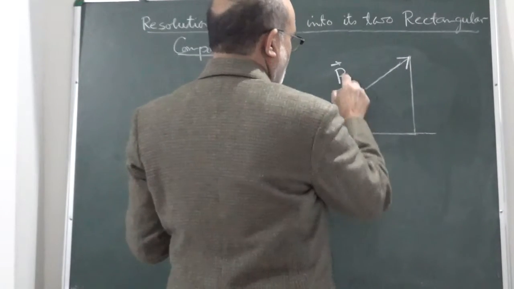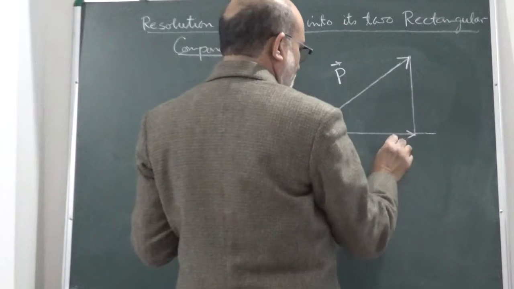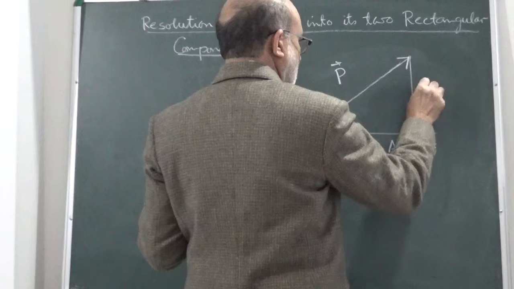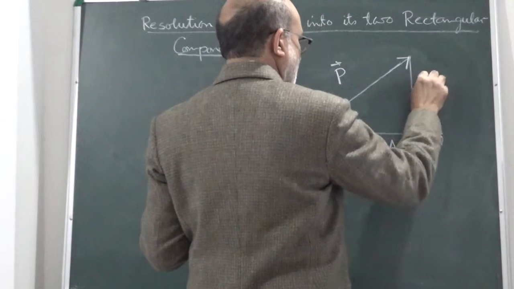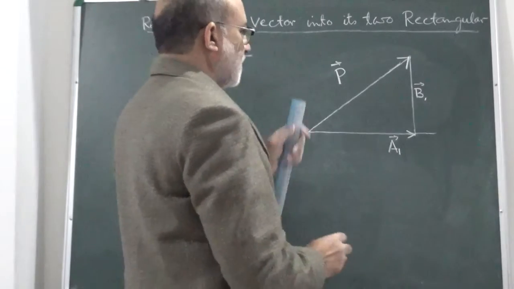So we have the rectangular components of P. We have resolved P into, suppose this is A1 and this is B1. So A1 and B1 are the rectangular components of P.